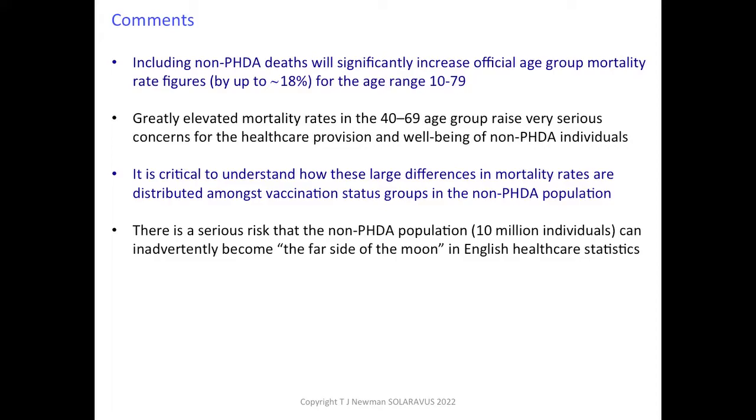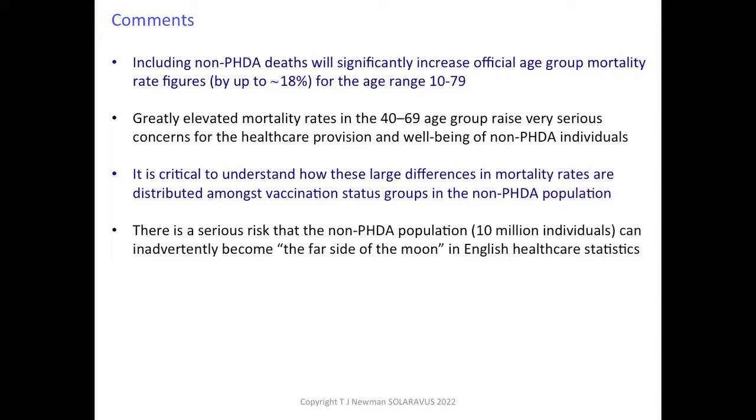I think more importantly, particularly within the 40 to 69 age group, these greatly elevated mortality rates in the non-PHDA population must be a great concern in terms of healthcare provision and well-being. Remember, this is 10 million people, and if there is a significant group of that 10 million that has 50% up to 80% higher mortality, this has to be scrutinized very, very rigorously.